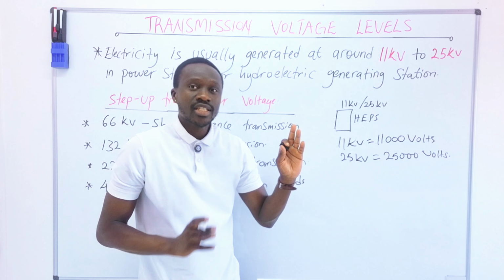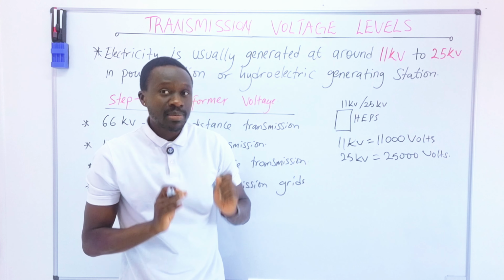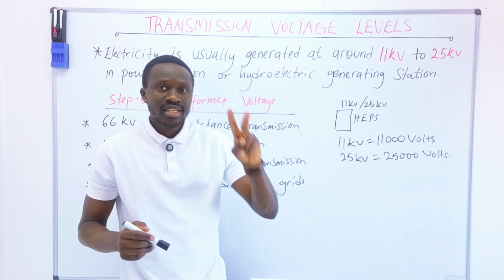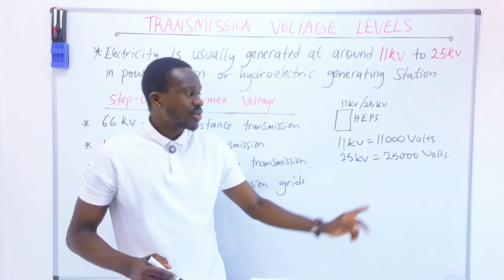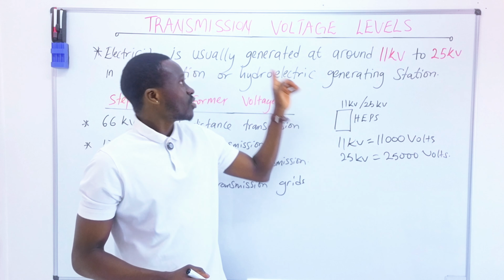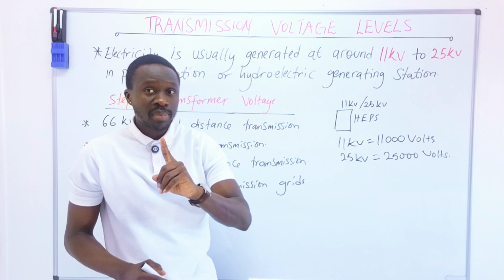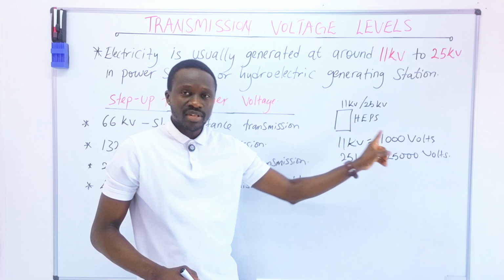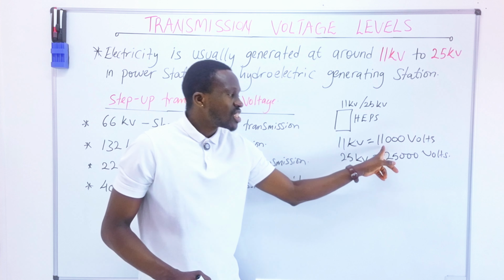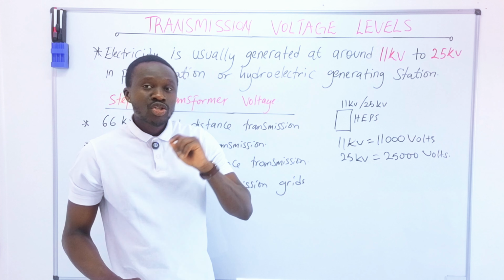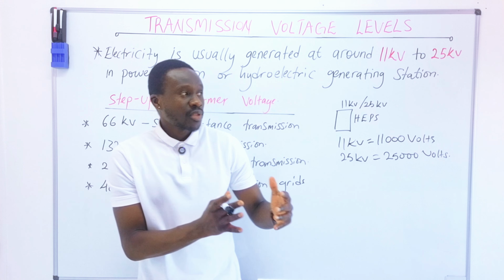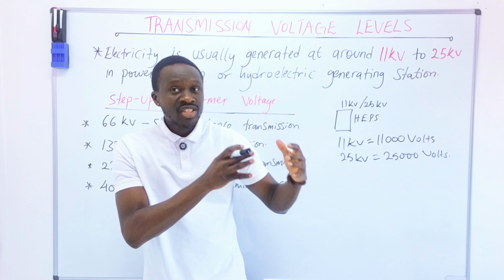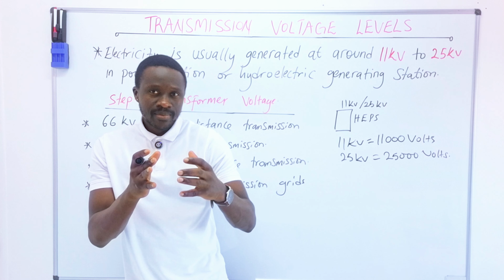Step it up by using a step-up transformer. As I told you, we have two types of transformers, the step up and the step down. Now this time round, on the generation of power, they generate 11 kV, 11,000 volts. Now we need to step up this voltage so that we are able to transmit it over a long distance.